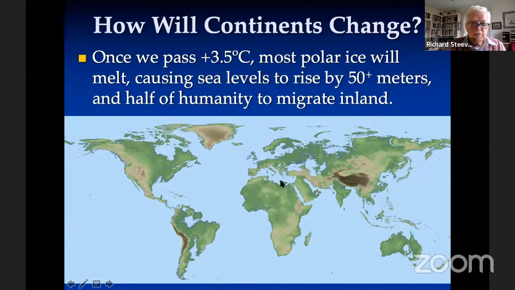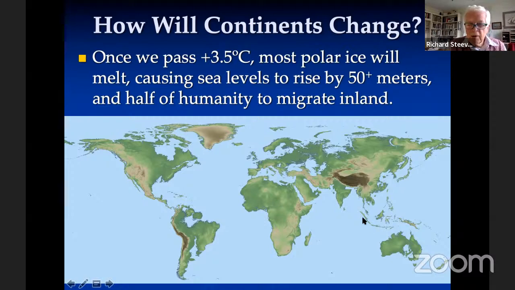Mediterranean Sea is not too much different. The Black Sea and some of these inland seas that are starting to dry up today will be inundated with oceans coming in. The UK looks pretty skimpy there. Ireland and England going to have some real estate loss. Pakistan and these parts of Asia will go underwater.